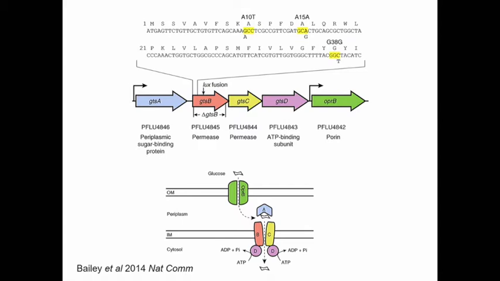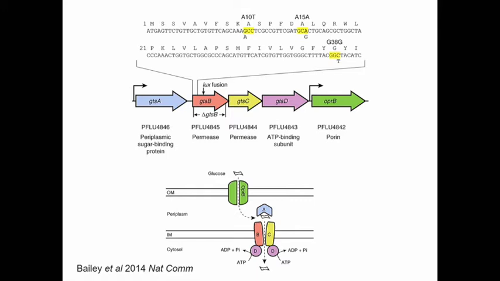So gtsB is the gene where we saw those mutations of interest coming up. It codes for this part of the transporter subunit, just a piece of this glucose transporter. And it falls within this operon, where all of those different pieces of the glucose transport system are together.